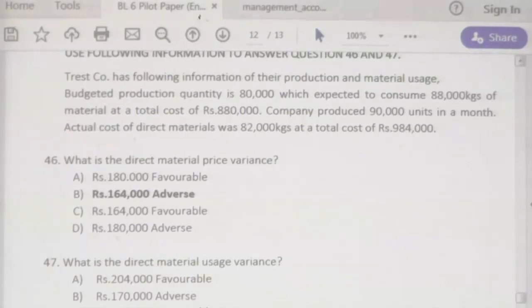I think you can remember, in the first video we discussed the variance analysis formulas for material, labor, variable overhead and sales. Now they are asking what is the direct material price variance. To calculate it, first think about the formula.